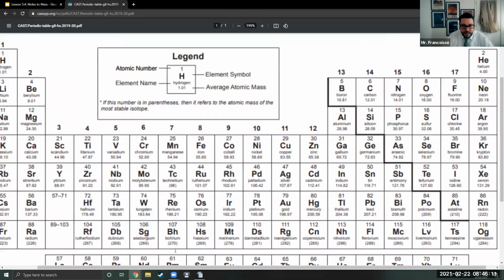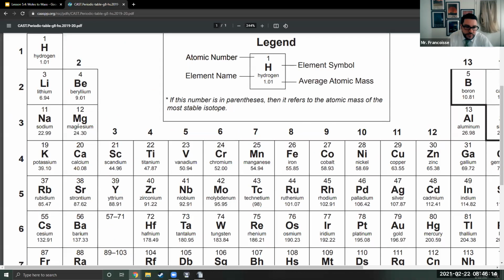Magnesium has a mass of 24.30 grams. So our molar mass for magnesium is going to be 24.30 grams, just because it's a single element.